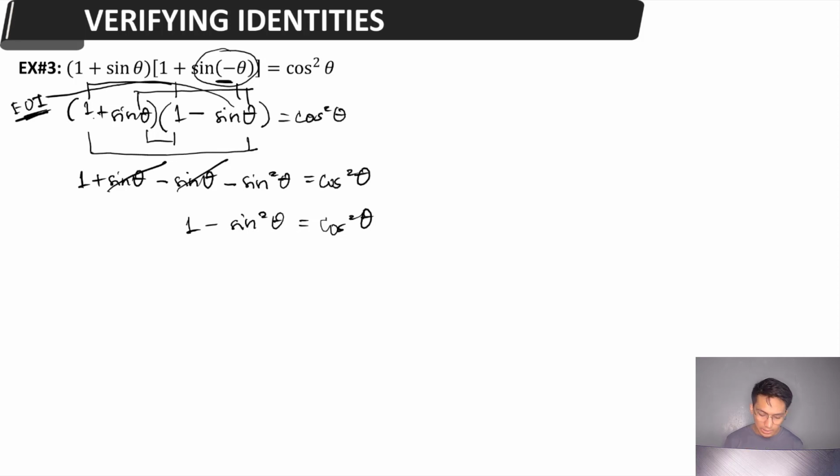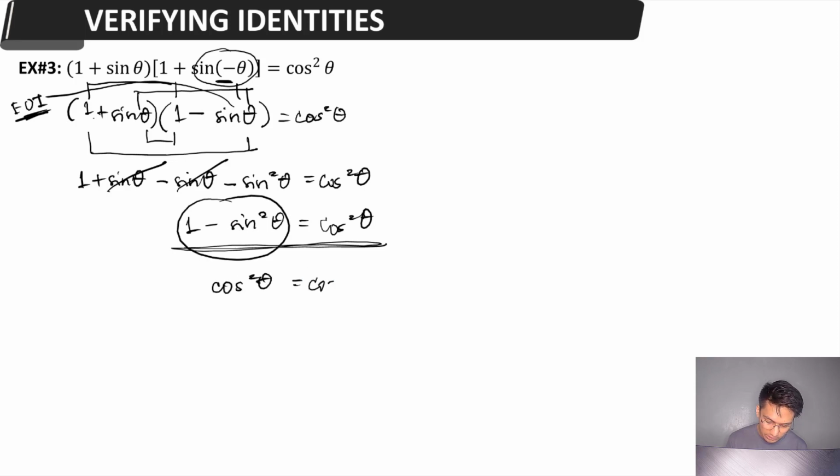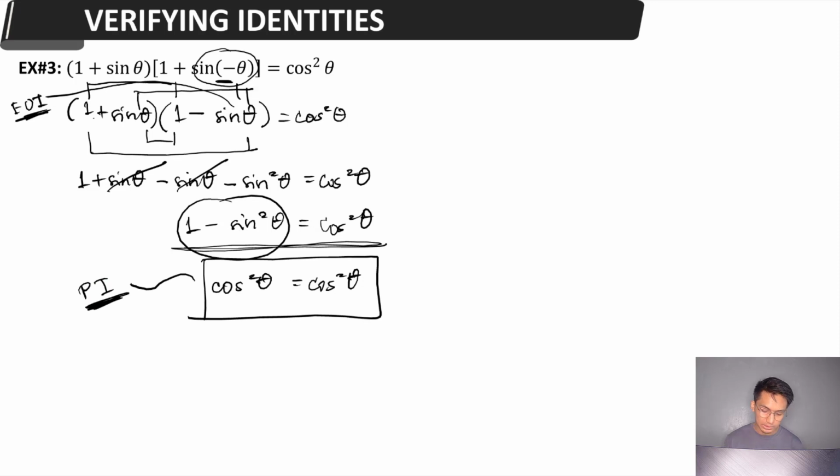Huwag tayong malilito. Kagaya nito, this is Pythagorean identity pa din. And ito, ibig sabihin is cosine squared theta. And this is cosine squared theta. And nanggaling ito sa Pythagorean identity natin. So, this is the solution for example number 3, verifying trigonometric identities.